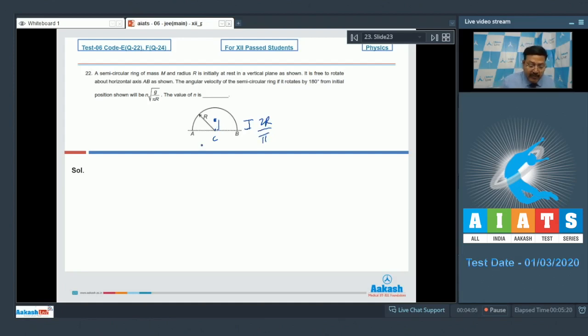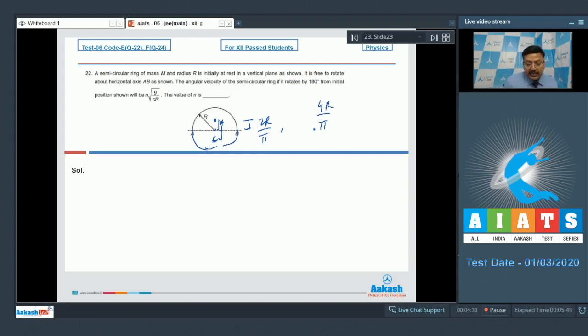As it rotates by 180 degrees, the position of the ring will be something like this, isn't it? So that means the center of mass would have come down from its original position by 2 times 2r by pi. So that means 4r by pi is the distance by which the center of mass of the semicircular ring has come down after it has rotated by 180 degrees from the initial position.